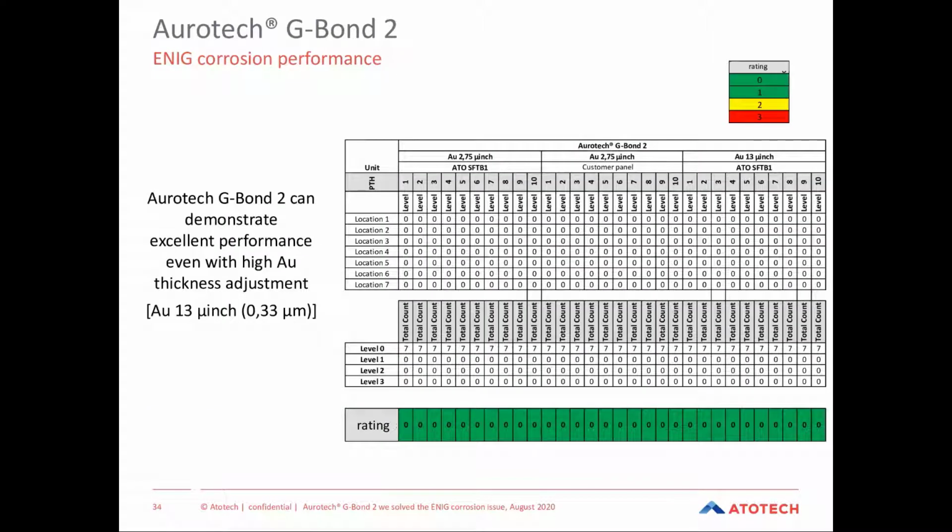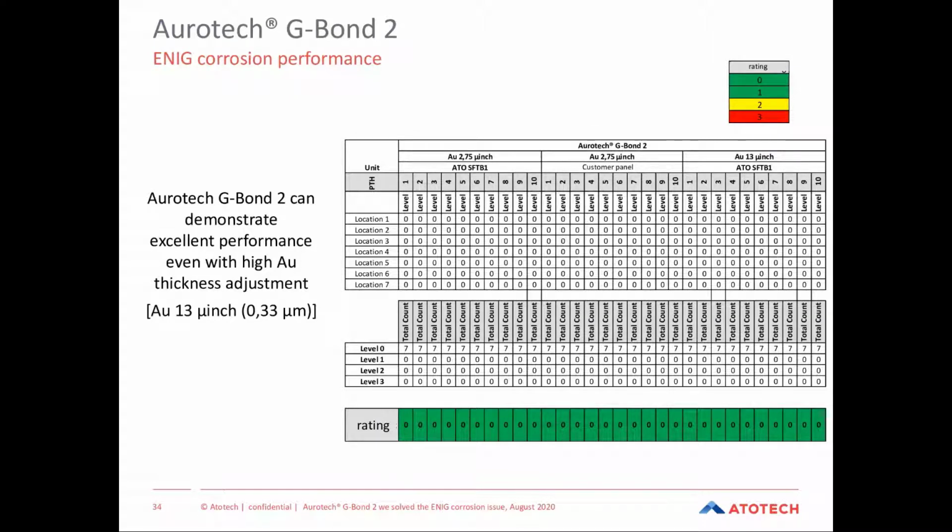To get some more data, we investigated some more panels here. So here we compare our standard test boards, the same test board design, but prepared at a customer site in the US. And the third one is a condition with a very high thickness of 13 microns, so 0.3 micrometer.